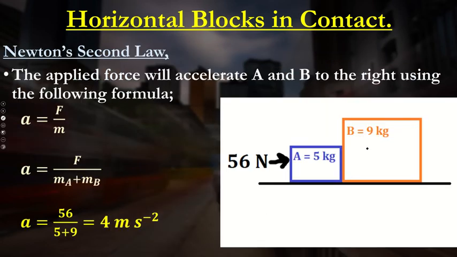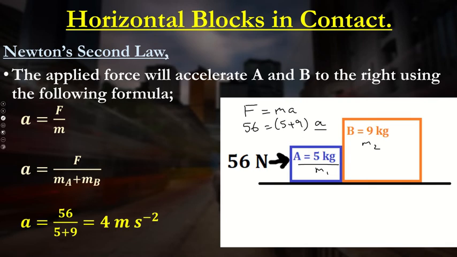Okay, so how would I work out the acceleration of the system? Newton's second law formula is force equals mass times acceleration. Force is, in this case, 56 newtons. The mass is the mass of A and B. The reason we're looking at the mass of both objects is because they are attached to each other, so we can add the two masses together.